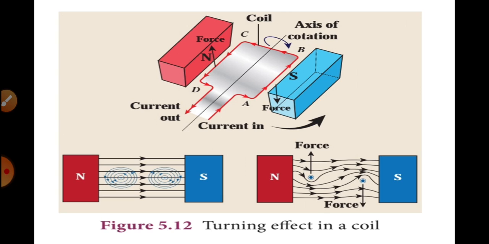As the current is flowing in opposite directions in segments AB and CD, the direction of motion of the segments would be in opposite directions according to Fleming's left hand rule. From this we will take that when two ends of the coil experience the force in opposite directions, then they rotate.